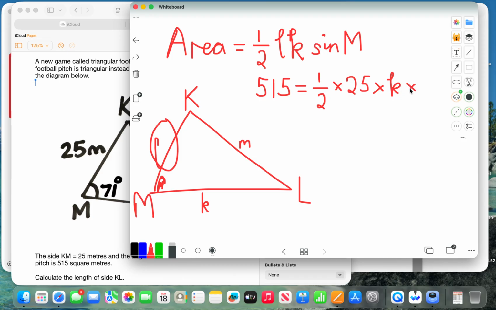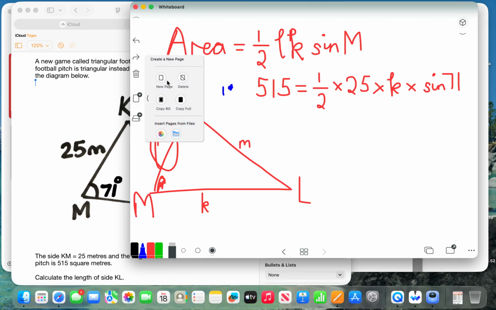And the sine of m is the sine of 71 because capital M, or the angle, is 71 degrees. And this, in my judgment, would be the allocation of mark 1. So this is the first mark in the solution.